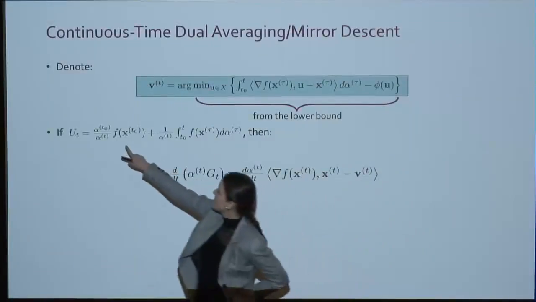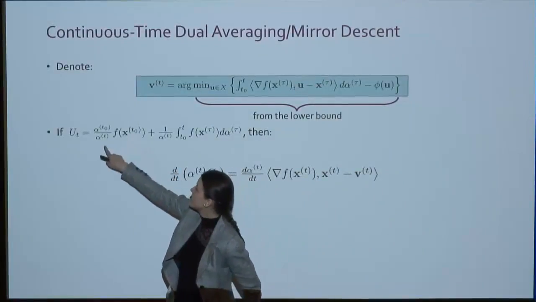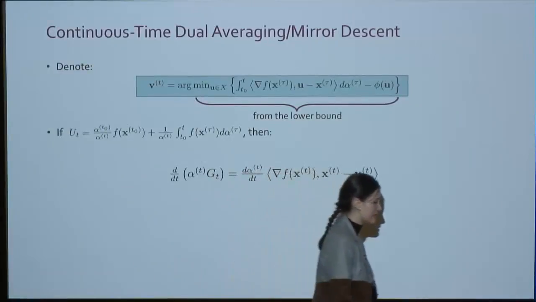Why do we normalize by 1 over alpha t in ut and not 1 over the integral of d alpha? Because I'm mixing in the initial solution. This is due to the step that I skipped, where I needed to put a little bit of mass in the lower bound on something fixed, just to have it well defined at the initial time point.